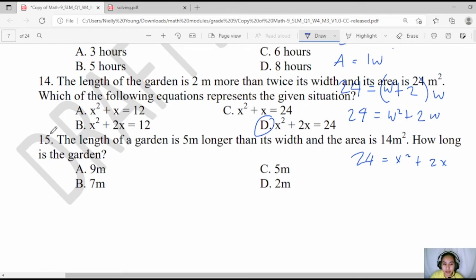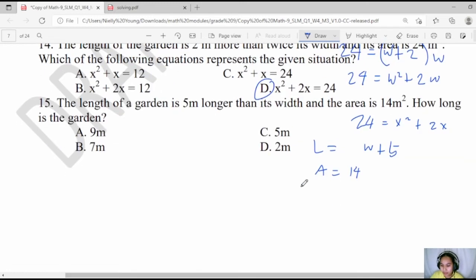Next, number 15. The length of a garden is 5 meters longer than its width and the area is 14 meters squared. How long is the garden? So the length is equal to 5 more than its width, and the area is 14. The formula for the area of a rectangle is length times width.